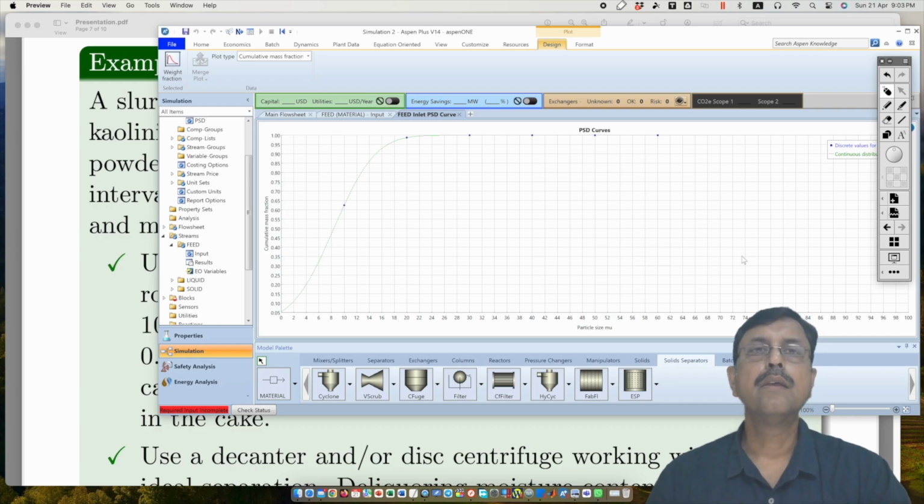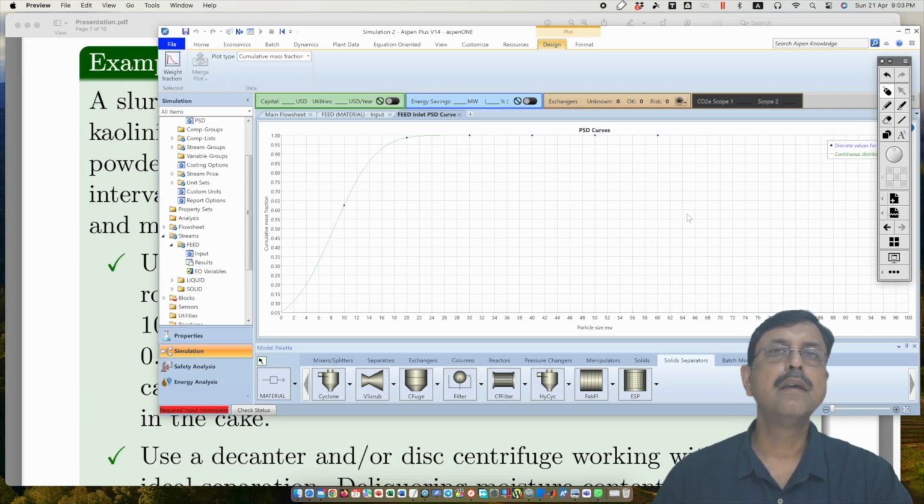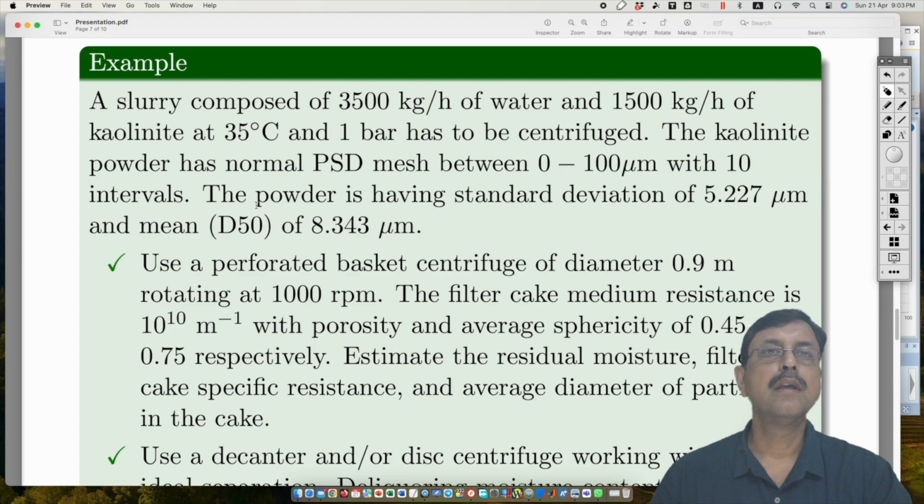Okay. So it has been calculated. Now, although it is spread from 0 to 100, I think all the particles are between 0 to 30 micron. Above 30 micron, there is hardly any particle. And that is obvious because its standard deviation is very small. Mean diameter is also very small.